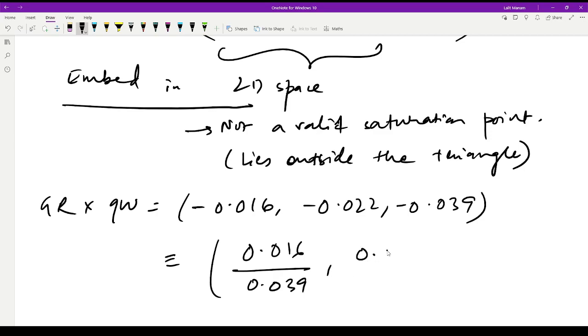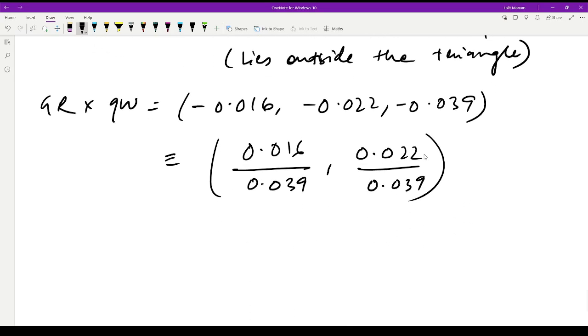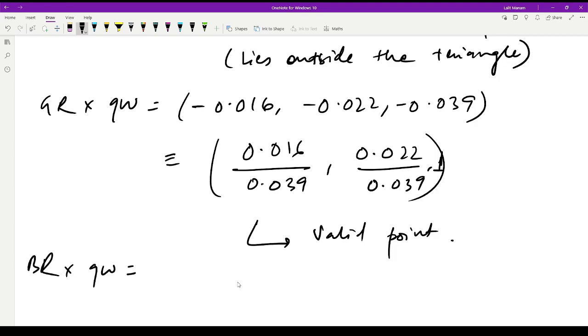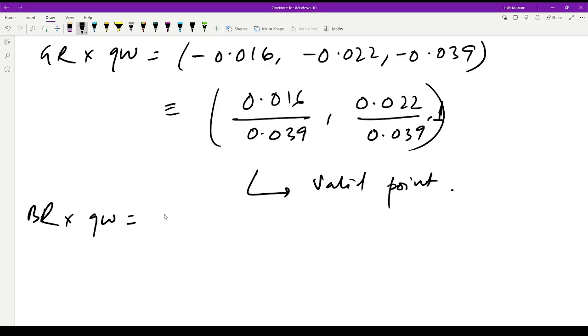Valid point, sir. Yes, it's a valid point because it will lie inside the triangle. Valid point. And the third one will also look similar, which has a value something like this.